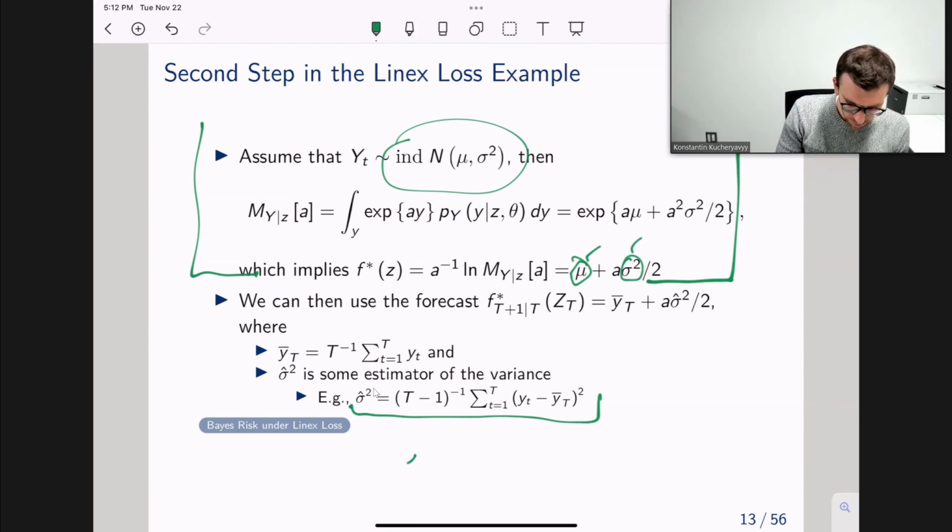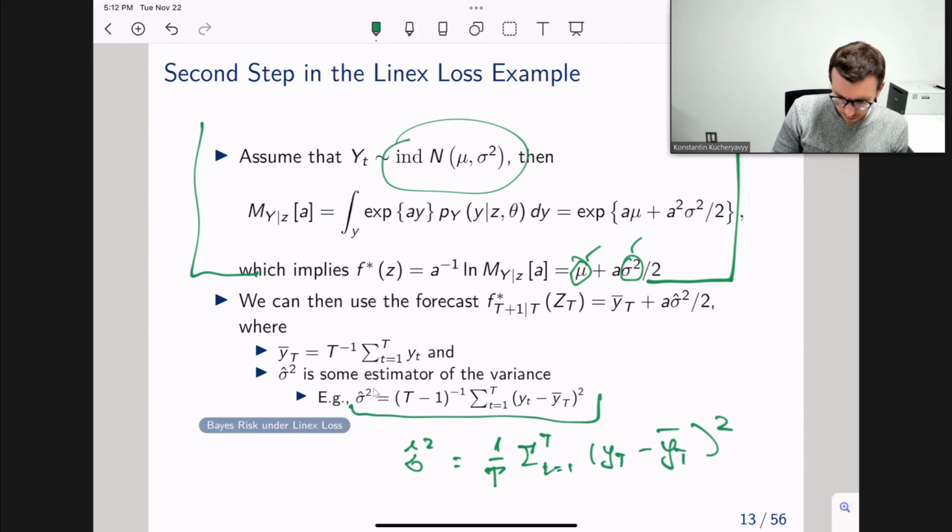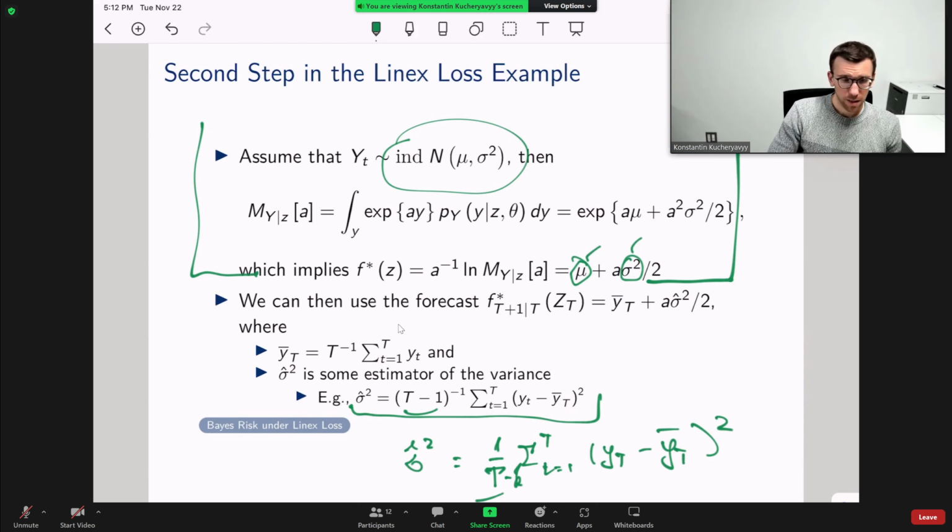Here is another estimate of the variance. The difference is that here is t minus 1, here is t. And you can actually subtract any number here. You can use t minus k, and it will also be an estimate, and it will be consistent, but if k is not equal to 1, then it will be biased.